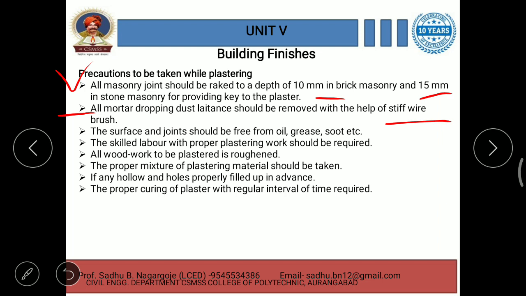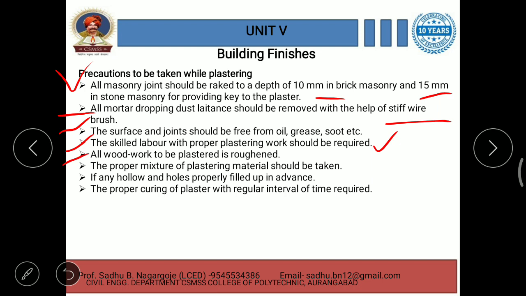Again, the surface and joints should be free from oil, grease, soot, etc. Then skilled labor with proper plastering work should be required for this operation.